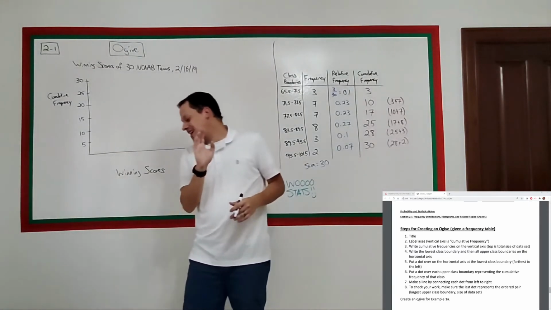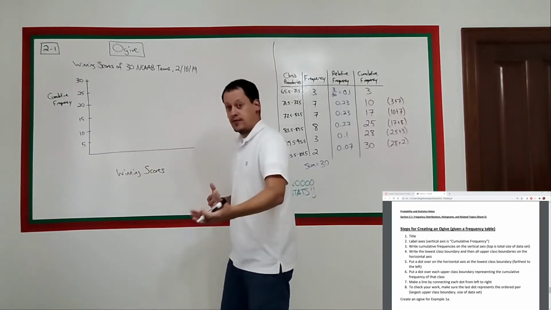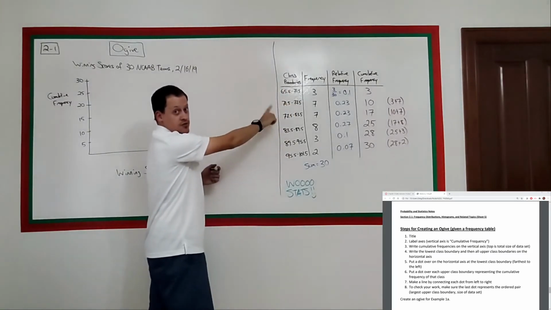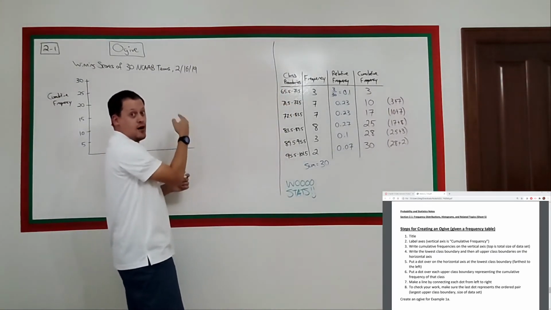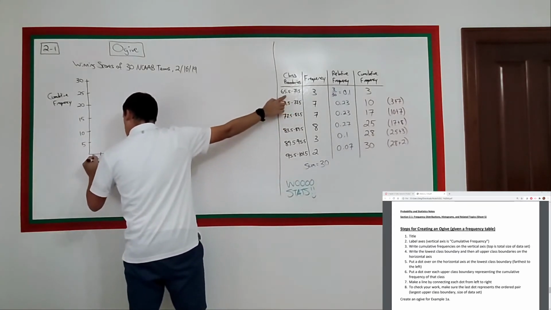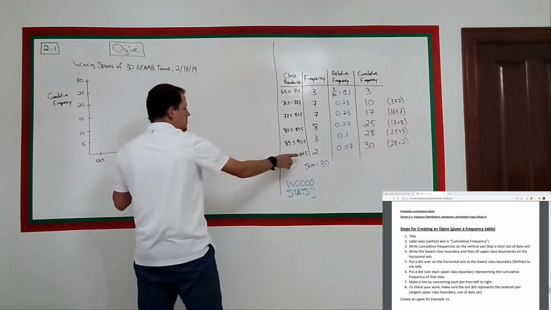Step 4: we write the class boundaries on the horizontal axis, just like the other 2 graphs. So again, every number in this class boundaries column of the frequency table is going to find its way onto this axis, starting with 65.5. And then it's going to be every unique number in here.